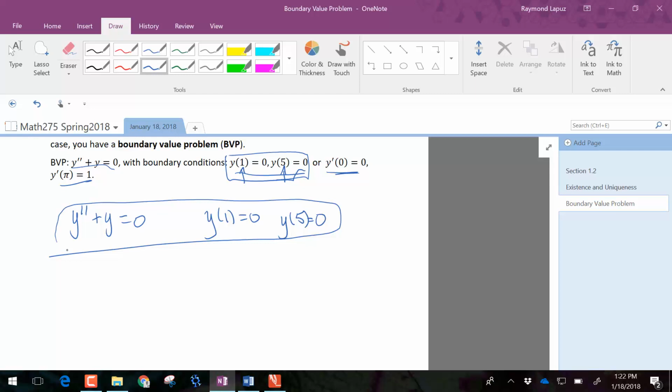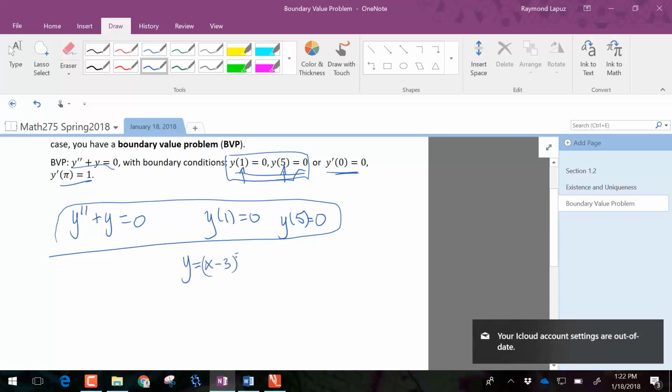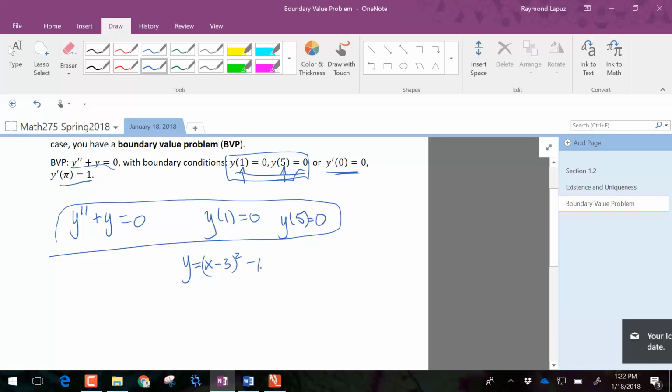You have a solution? Yeah, just for this function. Y equals, let's see if that works. Negative 4. Let's see if that works. I need two derivatives, right? So the first derivative and then the second derivative.